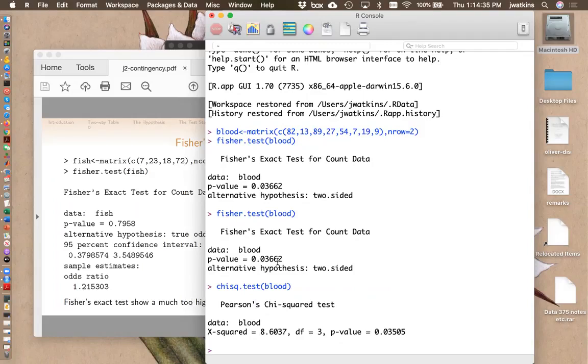So I did it again, and I got exactly the same answer, at least to 5 decimal places. So my guess is for this 2x2 table, since it uses one hypergeometric distribution, it's able to do everything.